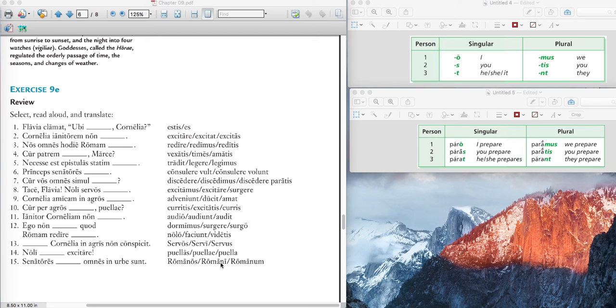Romanos means Roman, and the plural there, especially for masculine, is Romani. So this is nominative or a subject. This is accusative, plural, and this is accusative singular. So these don't work as subjects, let's say Romanos or Romanum, but this one does work as a subject, and that's what this is here. Senatores Romani omnes. All the Roman senators are in the city. So in this case, this is a subject word here. I hope this is helpful. Take care.